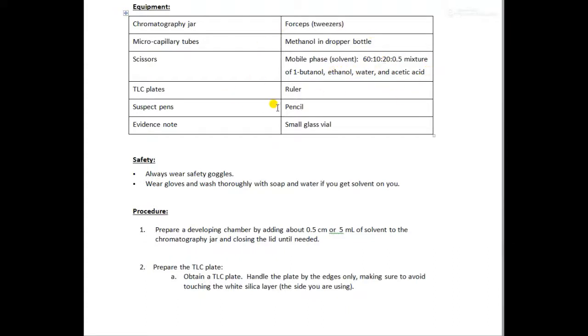This mobile phase has liquids of different polarity, so that generally all the different components will get separated. You take your developing chamber and put 5 ml of this solvent into it. This is the solvent that we use.